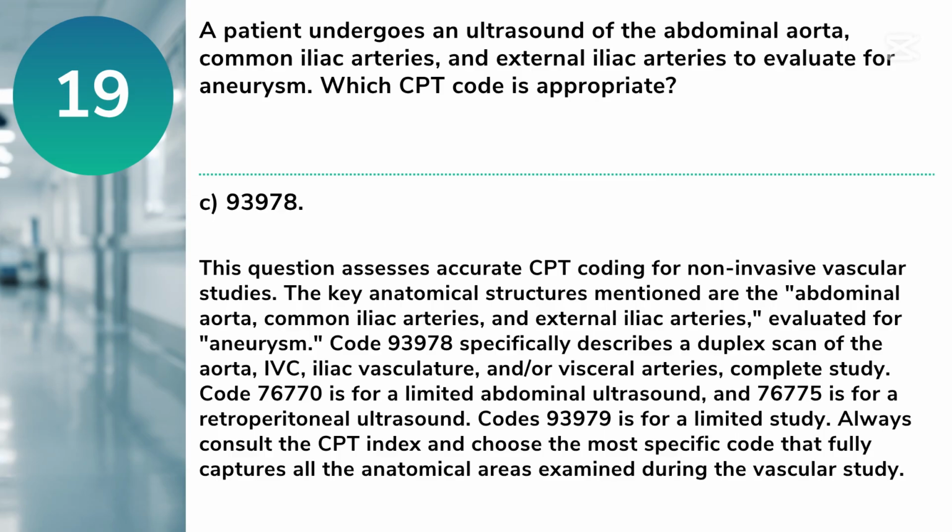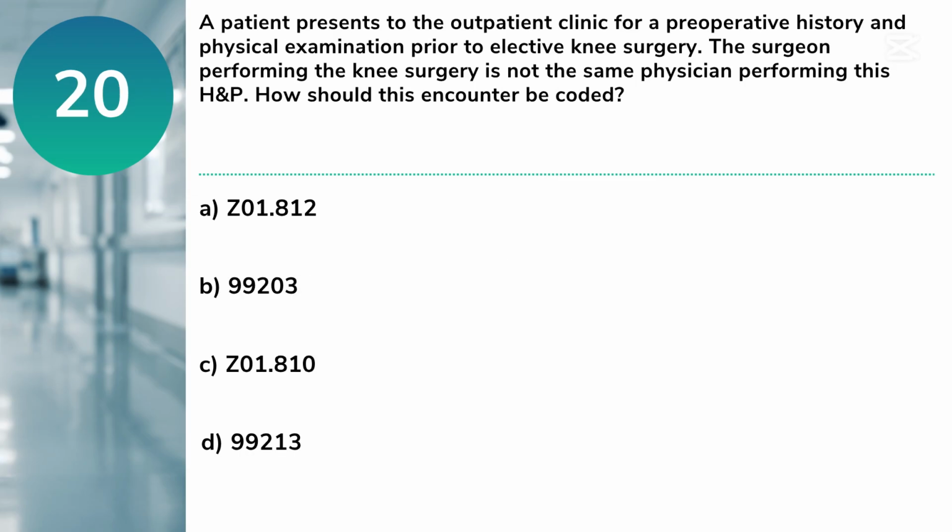Code 76770 is for a limited abdominal ultrasound, and 76775 is for a retroperitoneal ultrasound. Code 93979 is for a limited study. Always consult the CPT index and choose the most specific code that fully captures all the anatomical areas examined during the vascular study.